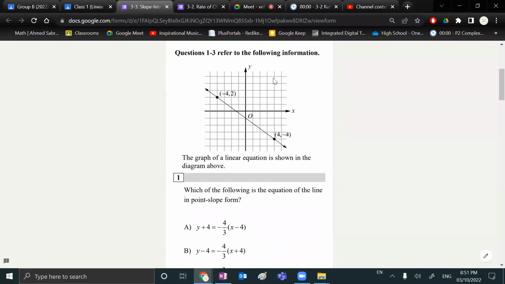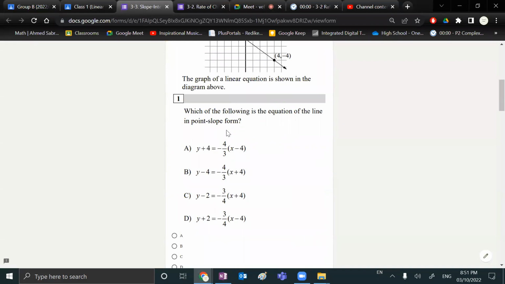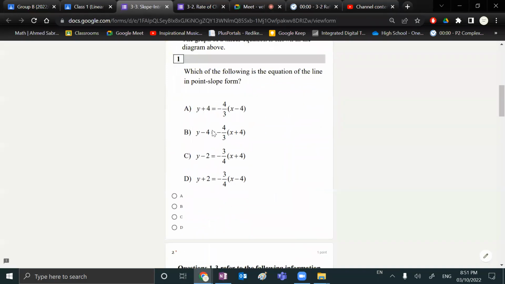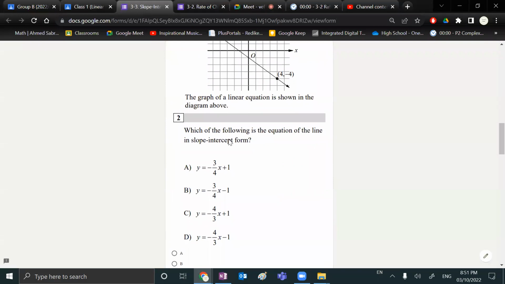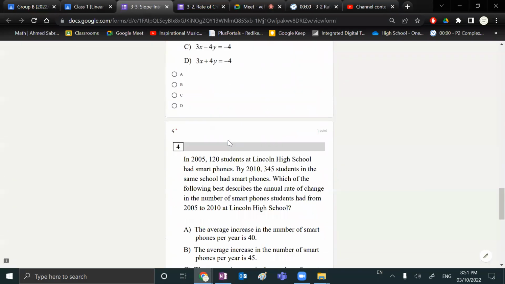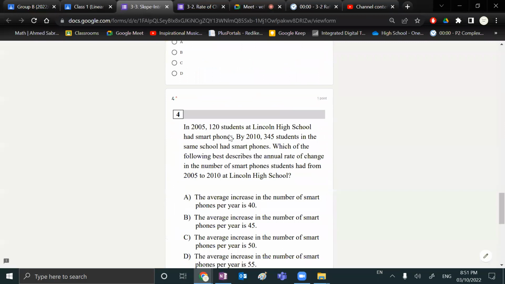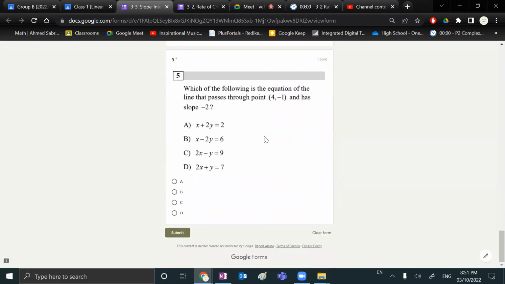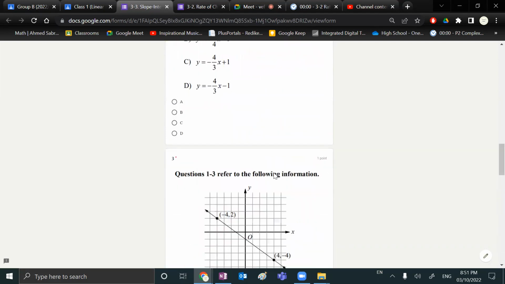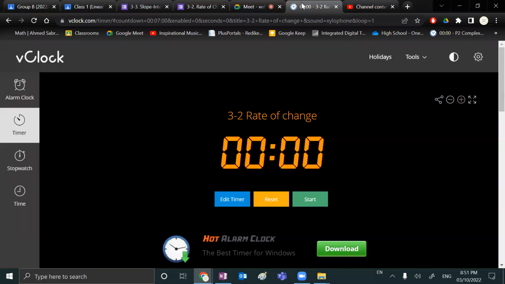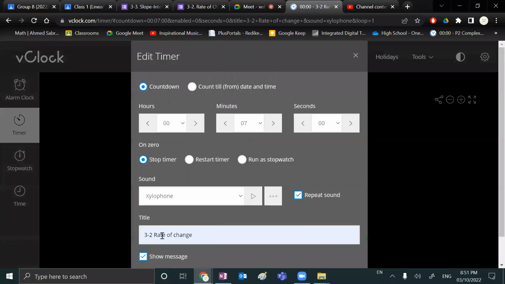You're given a graph and asked to write the equation once in point slope form, once in slope intercept form, and then in standard form, and then the other two remaining questions. One of them needs some critical thinking and the other is finding an equation. So just figure them out, try to check how this works, and then we'll discuss them right after. It's now 3-3 and it's called slope intercept.